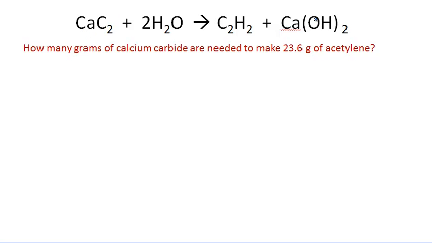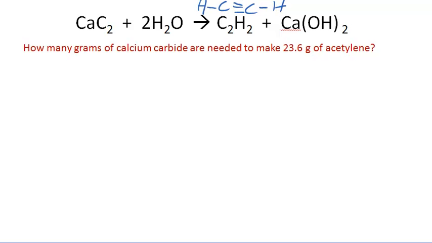Okay, so here we have a balanced chemical reaction. This is calcium carbide. 1 mole of calcium carbide can react with 2 moles of water to produce 1 mole of acetylene. So this is the molecule acetylene. Just for a little extra, the structural formula of acetylene is this.